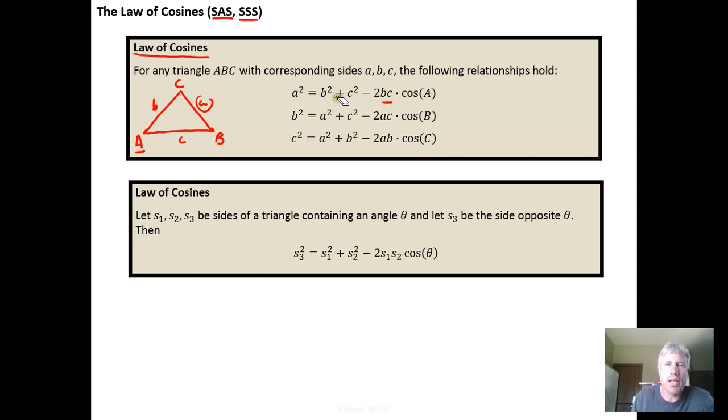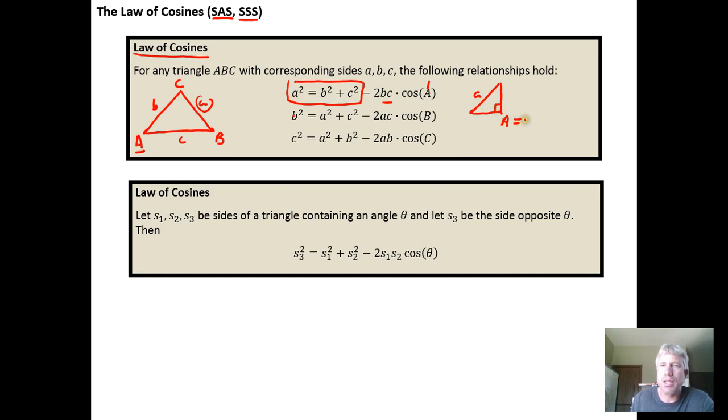What we want to notice next is that this piece right here, this a squared equals b squared plus c squared, or b squared equals a squared plus c squared, etc., looks like the Pythagorean theorem. If we let ourselves have a triangle that isn't oblique, that is a right triangle, and we label, for example, A for the right angle, then little a is going to be the side opposite it, and it's going to be the hypotenuse of that right triangle.